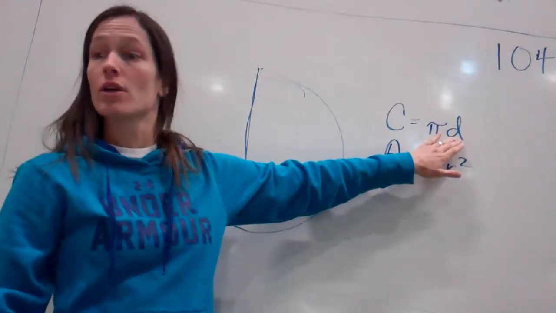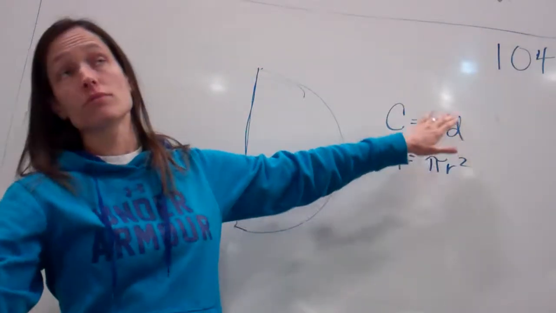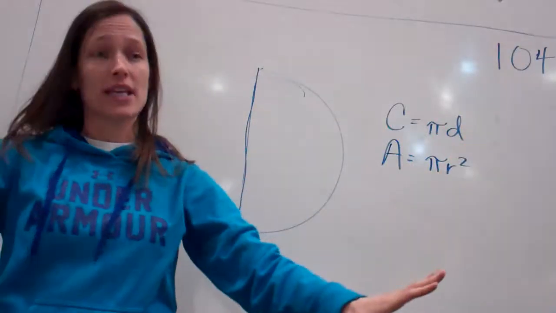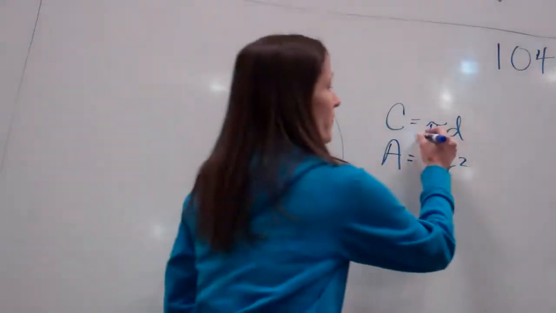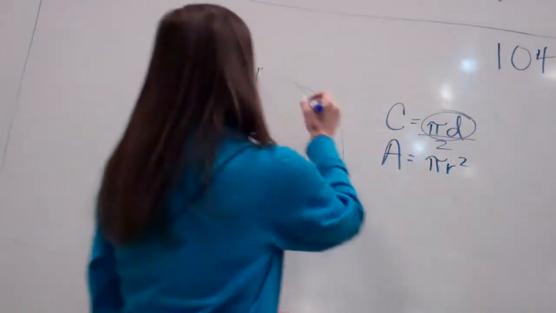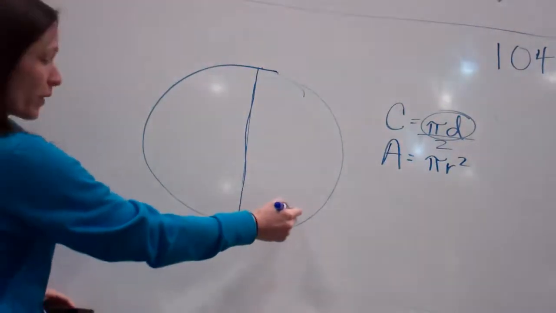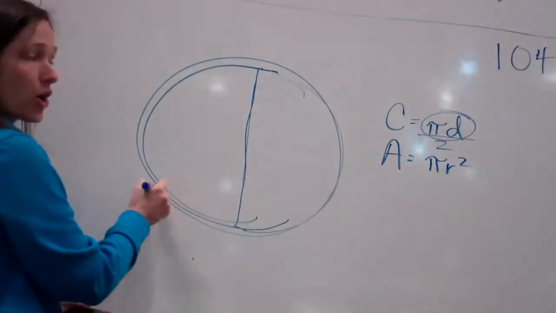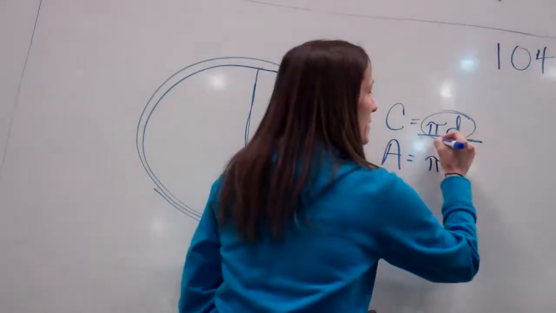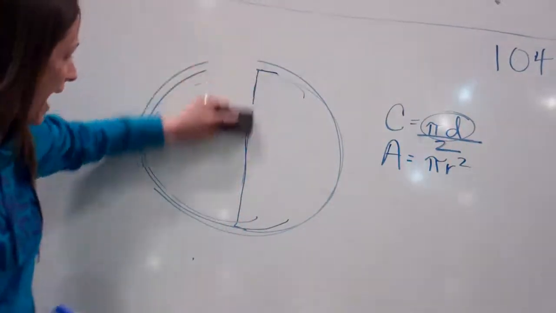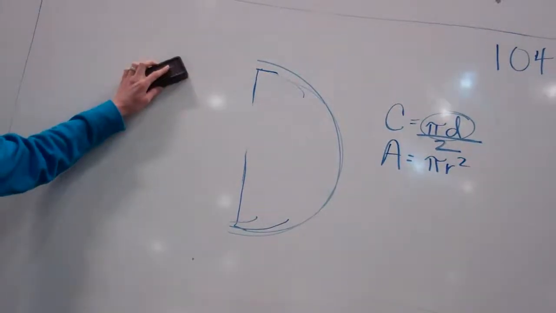No, it'd be radius times pi. Kind of, almost. Keep thinking. It would be half of the answer for a whole circle. So we'd still find the circumference of a whole circle, and then we would divide it by 2, which halves it. Does everybody understand that?